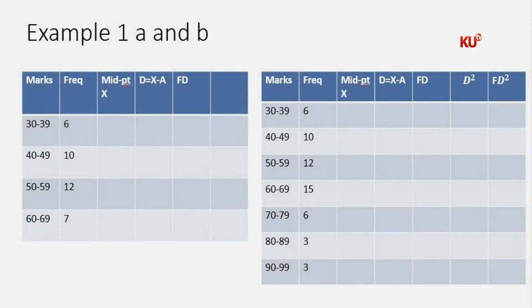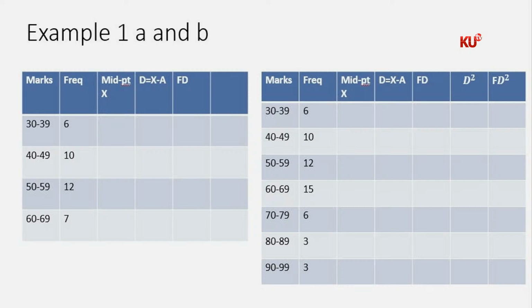You have your 30 to 39, you have 6 students. 40 to 49, you have 10 students. 50 to 59, you have 12 students. And 60 to 69, you have 7 students. So you are going to include another column called midpoint. And midpoint is denoted by X.